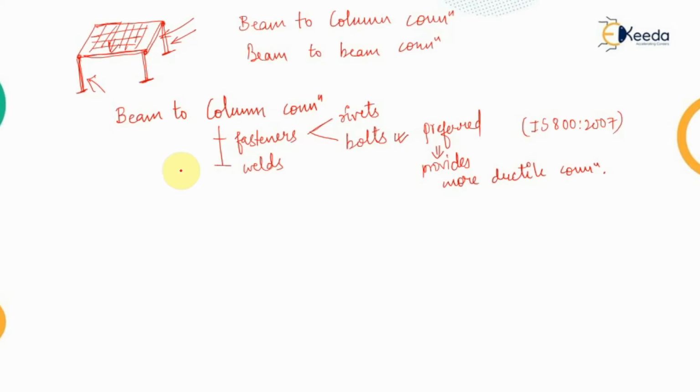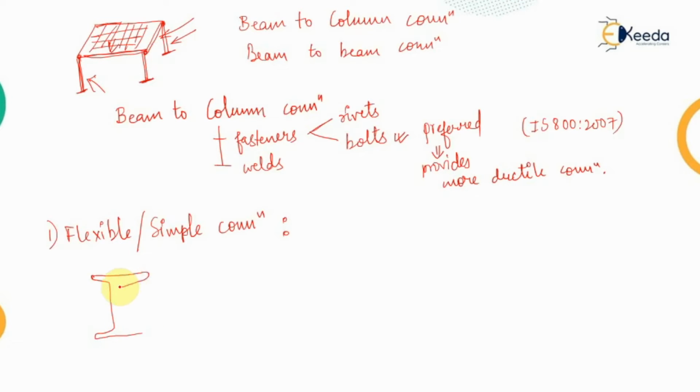Now based upon the criteria that I've just told you, these beam to column connections are further categorized into three types. So the first type of beam to column connection that can be provided, that is the topic of today's lecture, that is the flexible or the simple connection. That means this flexible or simple connection, as it may be understood from the name itself, that whenever we are providing the connection between the beam and the column, so let's say this is the I section which is acting as a column for a frame of the building.